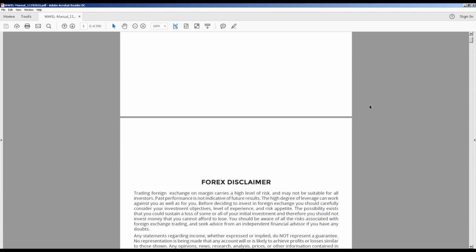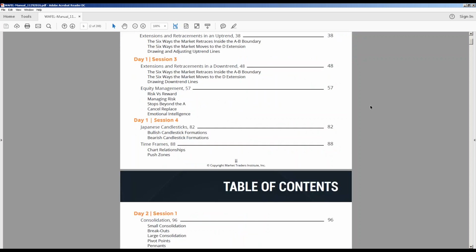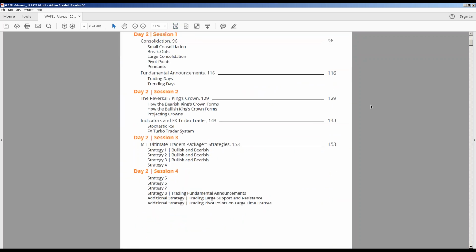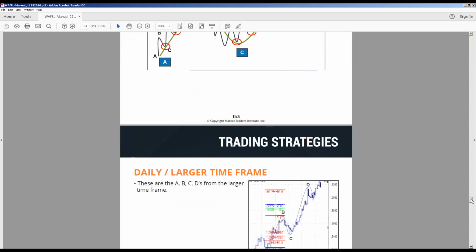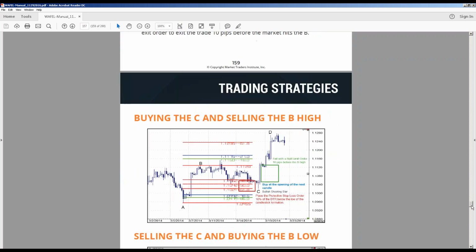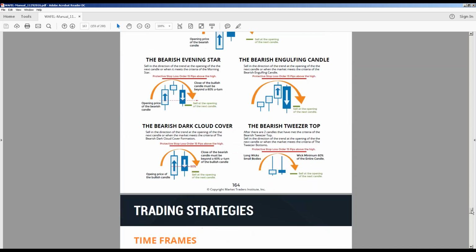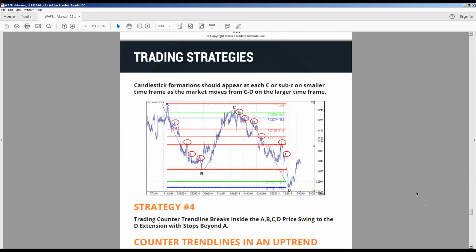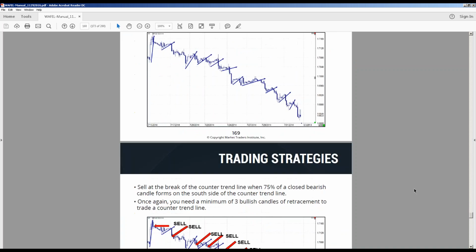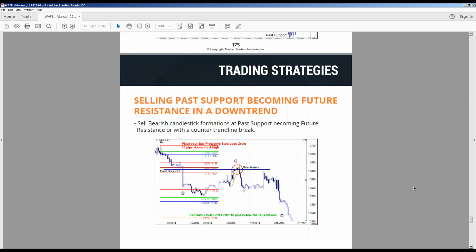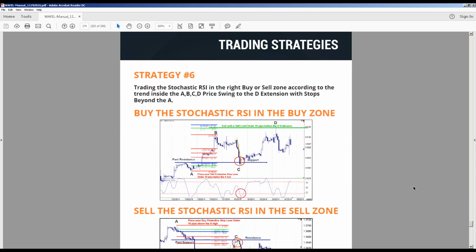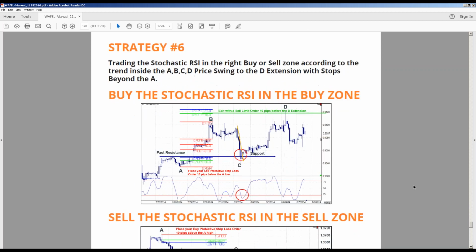Right, trading strategies. They are on page 153. You can find that in your manual as well. Strategy 1, 2, 3, 4, 5. There we go. Strategy number 6.